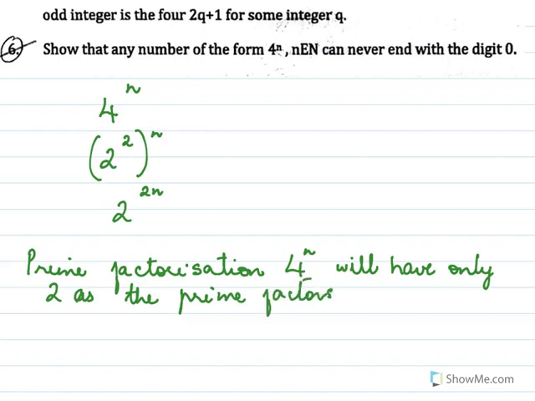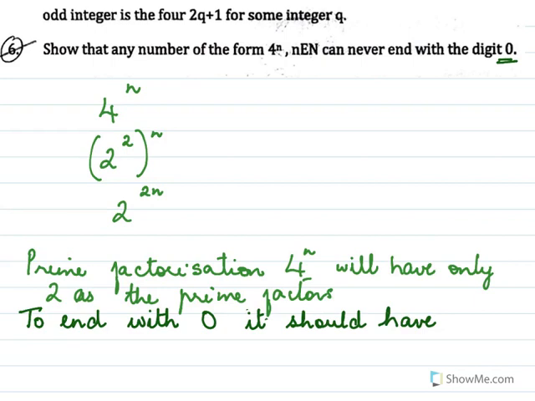To end with 0, it should have 2 as well as 5 as a prime factor, because 2 5s are 10.